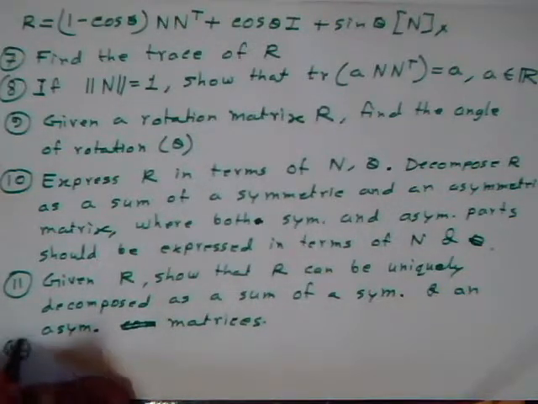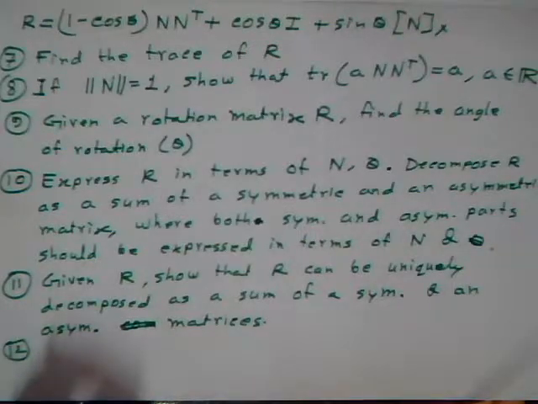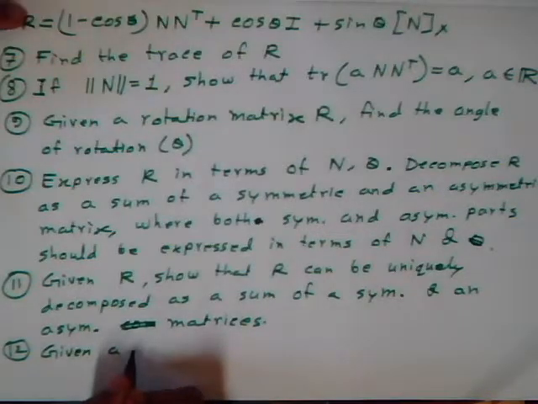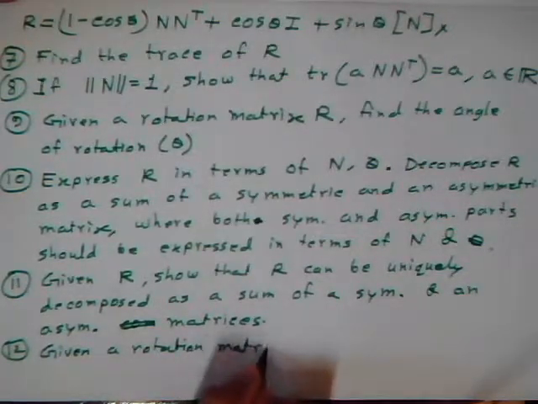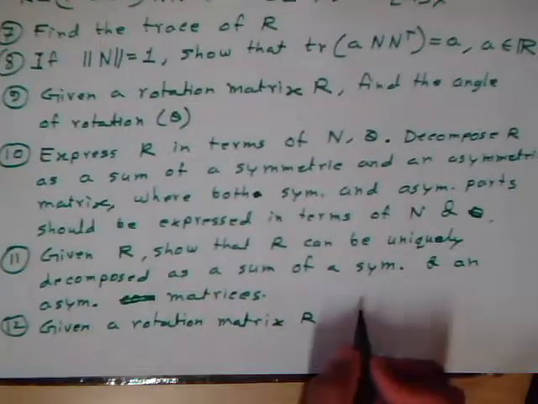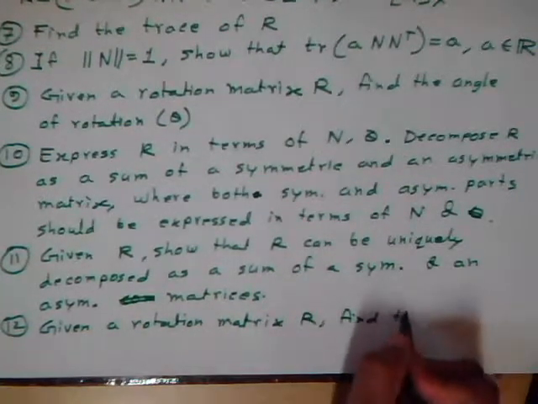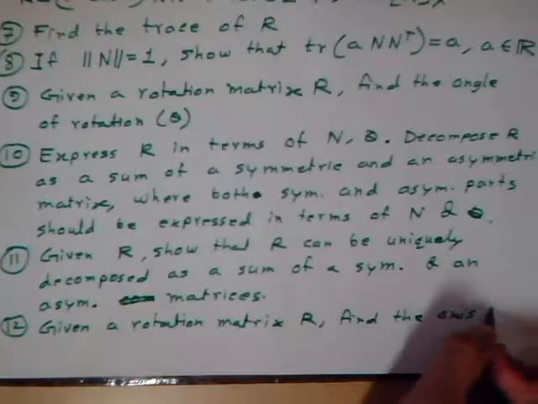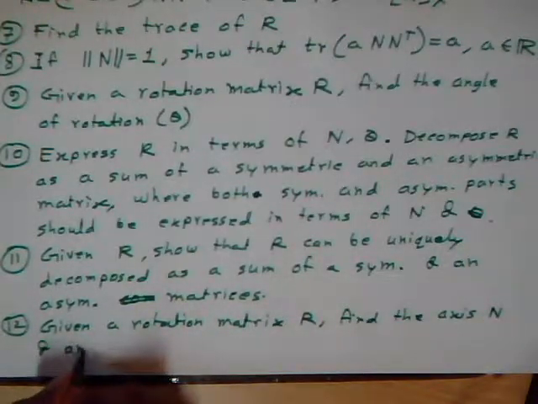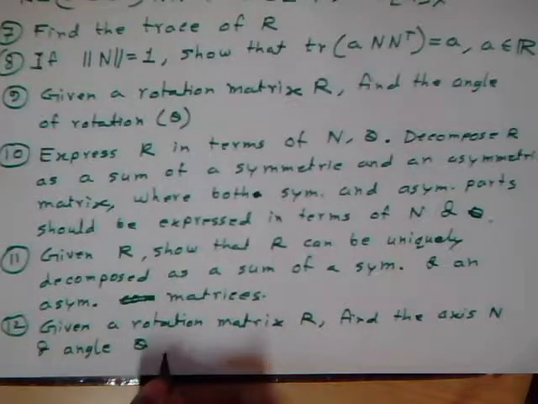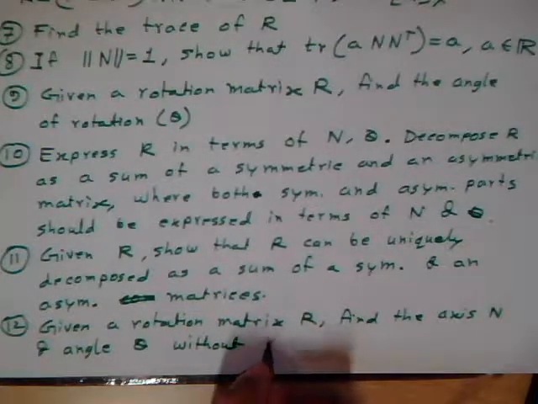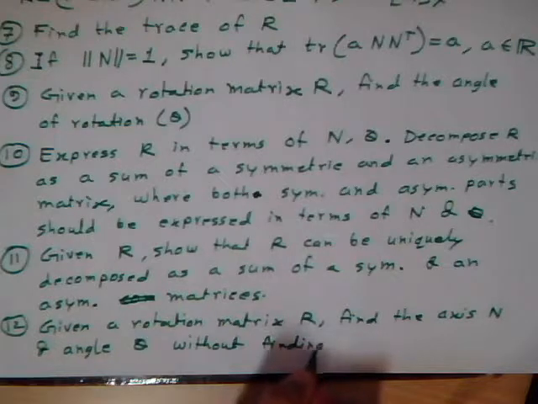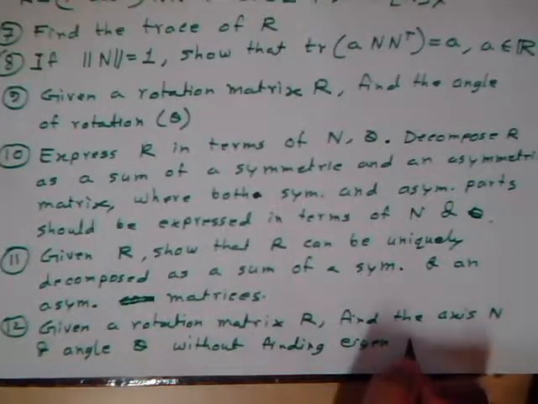Question number 12 is given a rotation matrix R, find the axis of rotation n and the angle theta without finding eigenvectors.